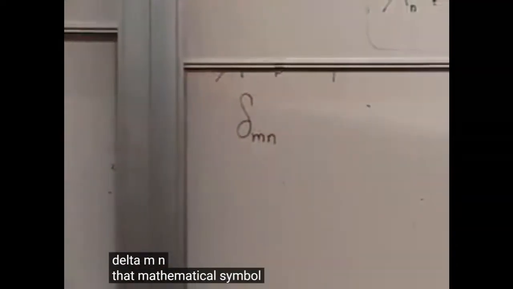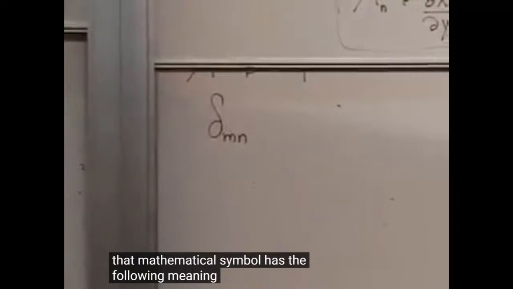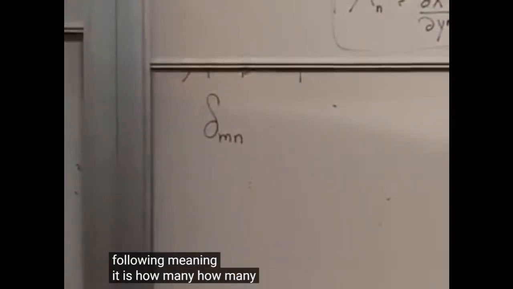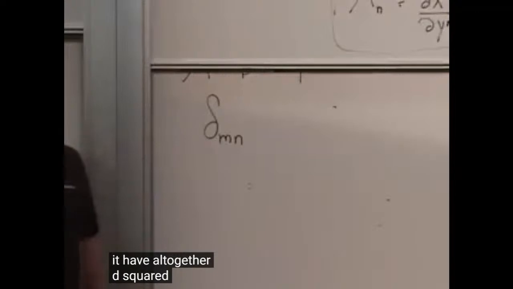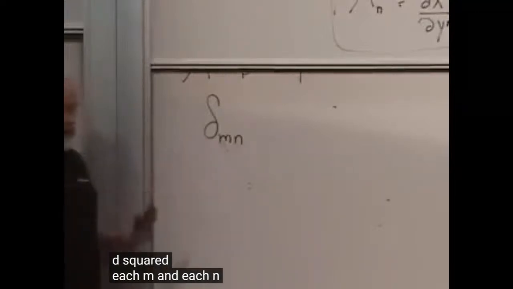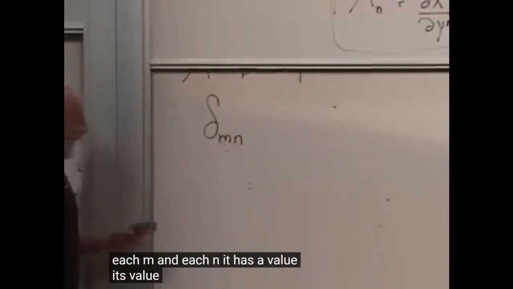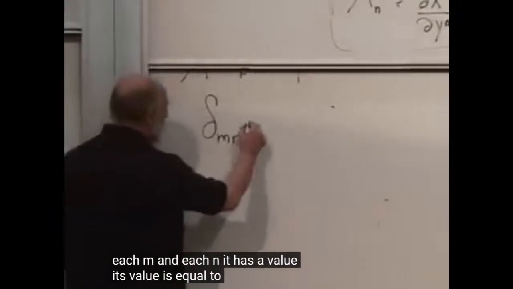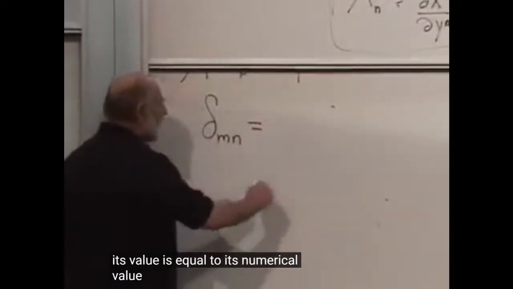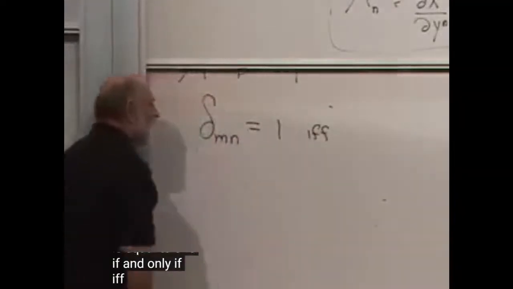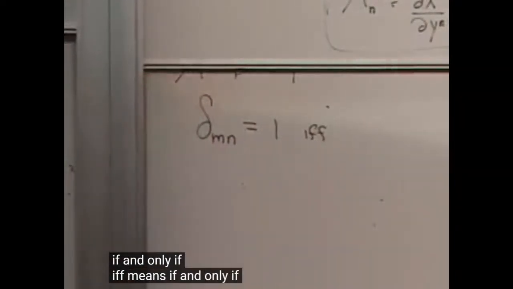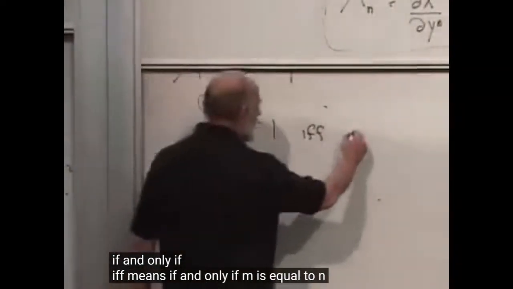That mathematical symbol has the following meaning. How many components does it have altogether? D squared. Each m and each n, it has a value. Its numerical value is equal to 1 if and only if, IFF means if and only if, m is equal to n.